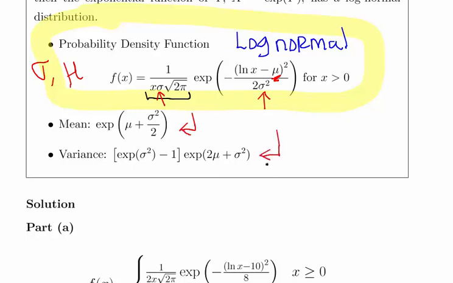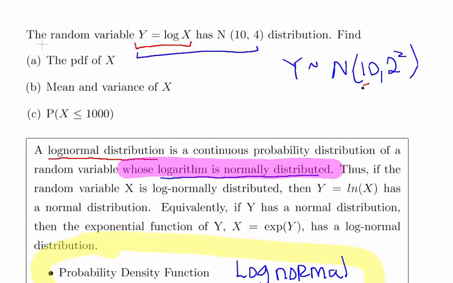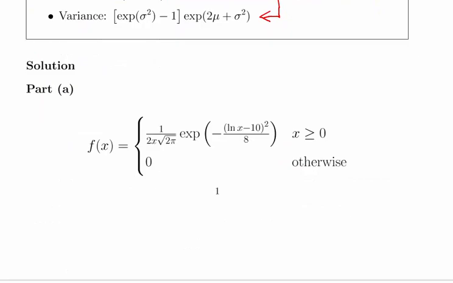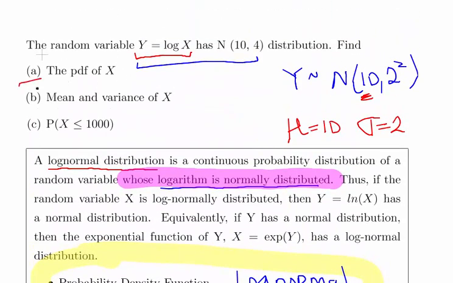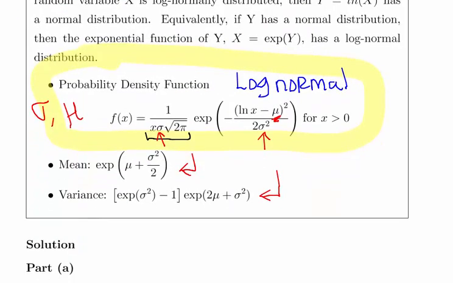Essentially it's a matter of determining what mu and sigma are, and here we have them. So mu is equal to 10 and sigma is equal to 2. For the first two questions, we're going to just put them into these formulae.